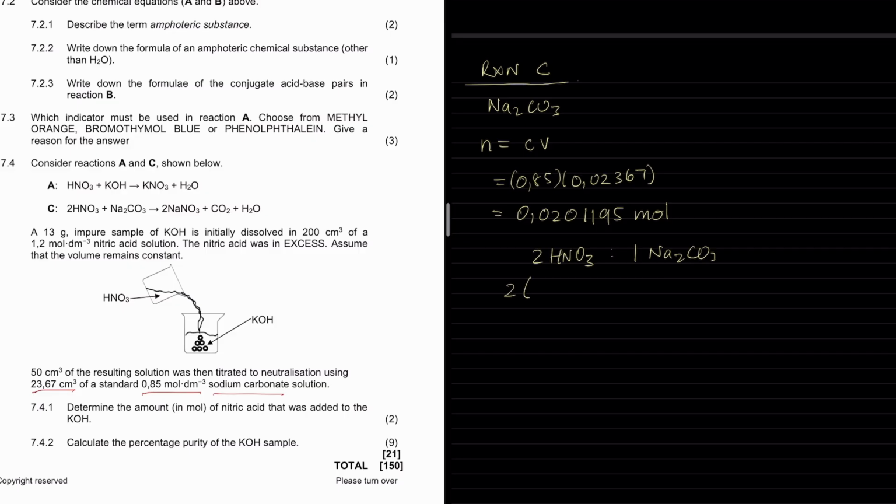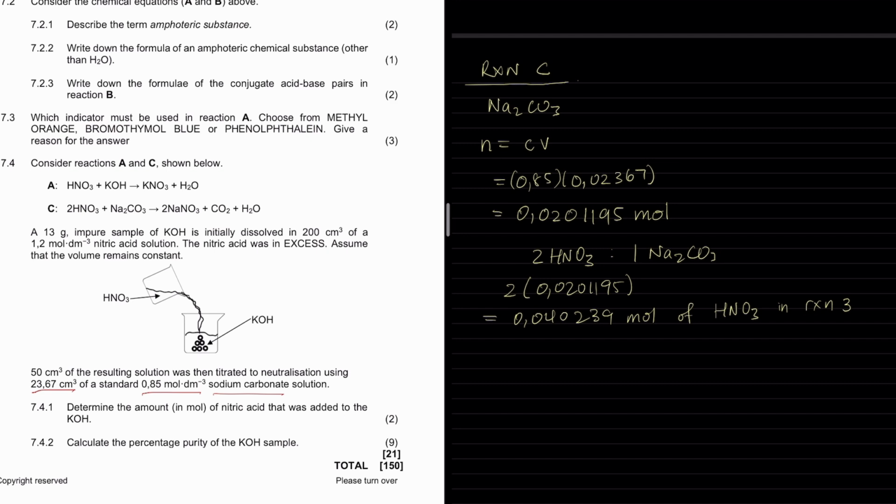So this is going to be 2 times 0.021195. And that's equal to 0.04239 moles of HNO3 that was used in reaction C. Right?